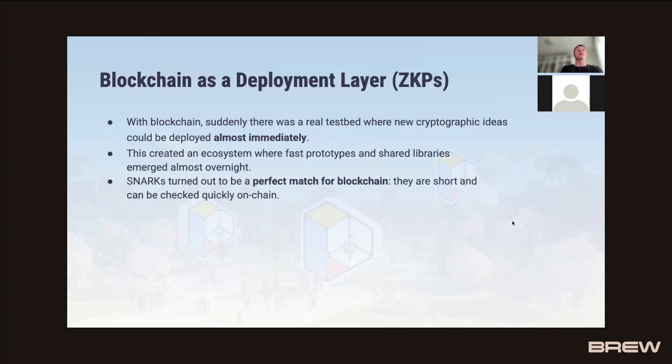And the second point, having the blockchain as a deployment layer. With blockchain, suddenly there was a new aspect where new cryptographic ideas could be deployed almost immediately. This created an ecosystem where fast prototypes and libraries emerged almost overnight and are still emerging. Also, what's very important is that SNARKs, so zero-knowledge proofs, turned out to be a perfect match for blockchain because they are short and can be checked quickly on chain.